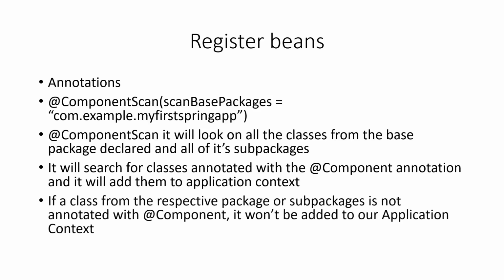If it doesn't, in the respective package where we have the ComponentScan or its sub packages, then it won't be added to our application context. Maybe it's a little bit confusing, but we will see right now what Spring does behind the scenes. So I want you to understand that ComponentScan scans the base package where it is declared, and the sub packages of that.